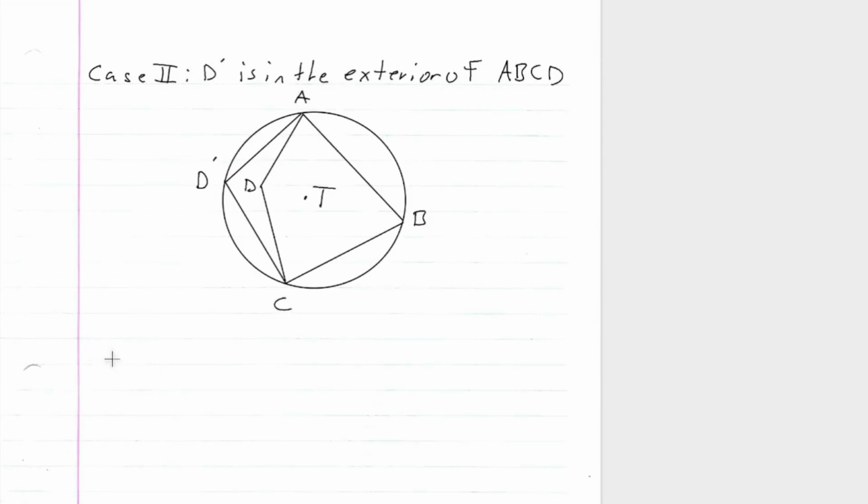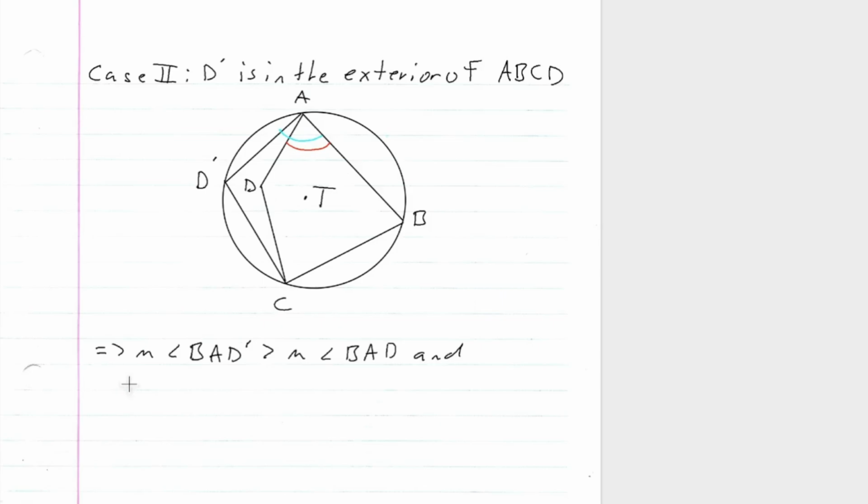So we can see this implies that the measure of angle BAD prime is bigger than the measure of angle BAD, right?